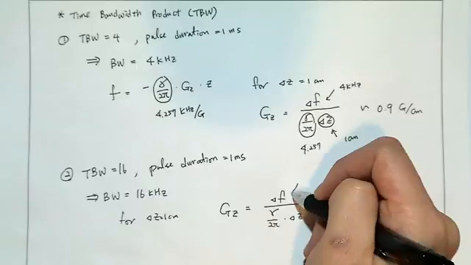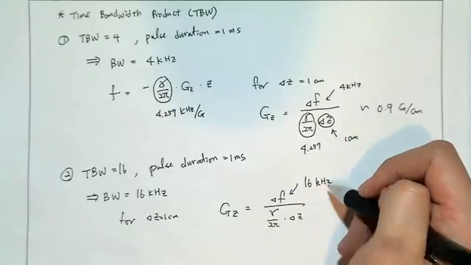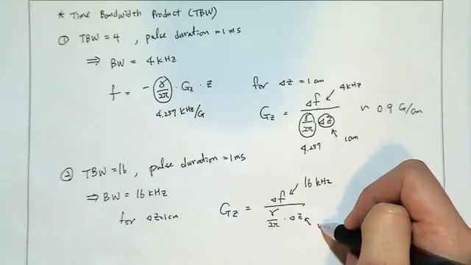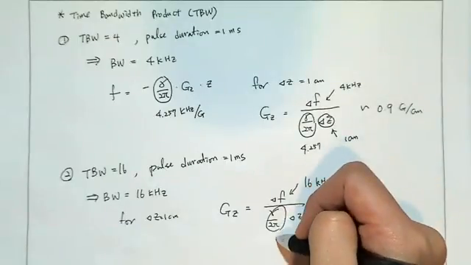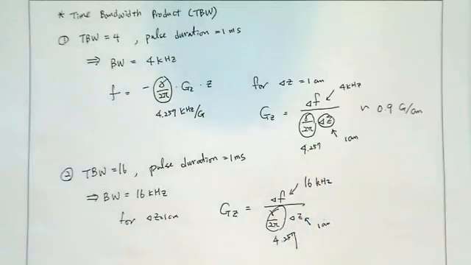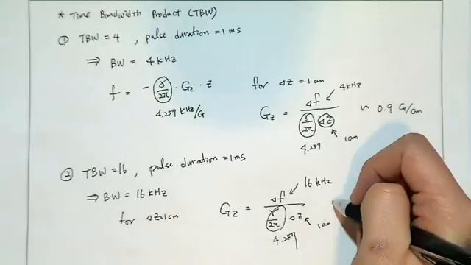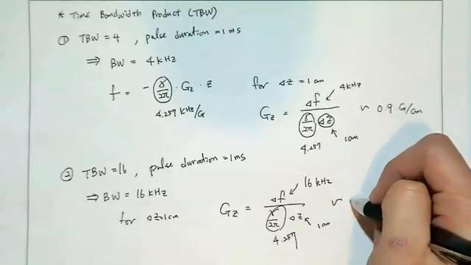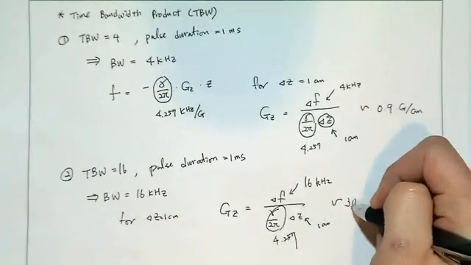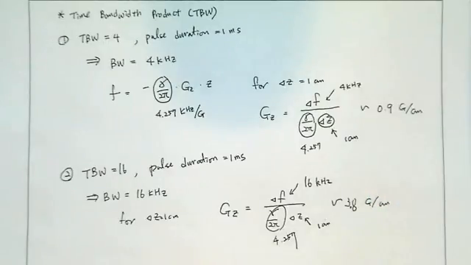And this one is 16 kilohertz, this is 1 centimeter, and the same thing. So it's basically multiplied by 4. It's not exactly 0.9, so it's actually almost 3.8 Gauss per centimeter.